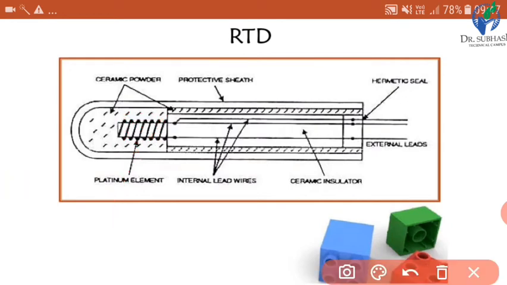Then there are two external leads. There are also internal leads. Here we can see the internal leads, and in the center there is a ceramic insulator.